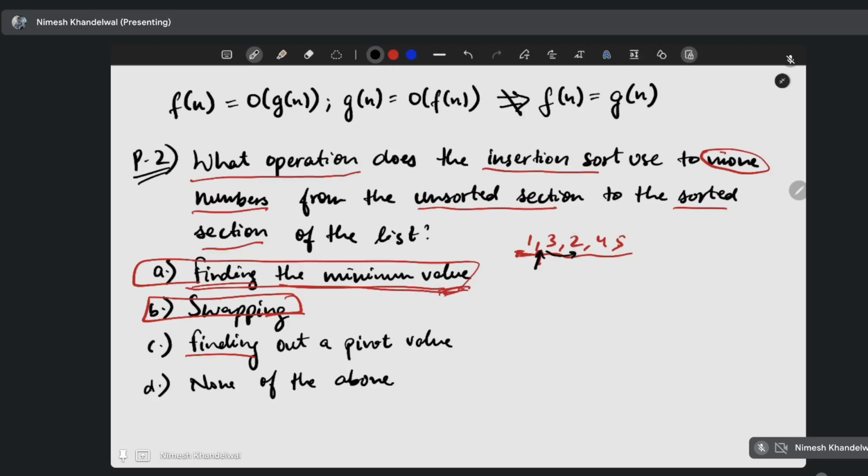So we have found the minimum number, but what do we do then? We swap this number, so the array becomes sorted after one swap. Swapping is the mechanism we use to actually move the number from the unsorted section to the sorted section, because the unsorted section is to the right and the sorted section is to the left in insertion sort. So the answer should be swapping.